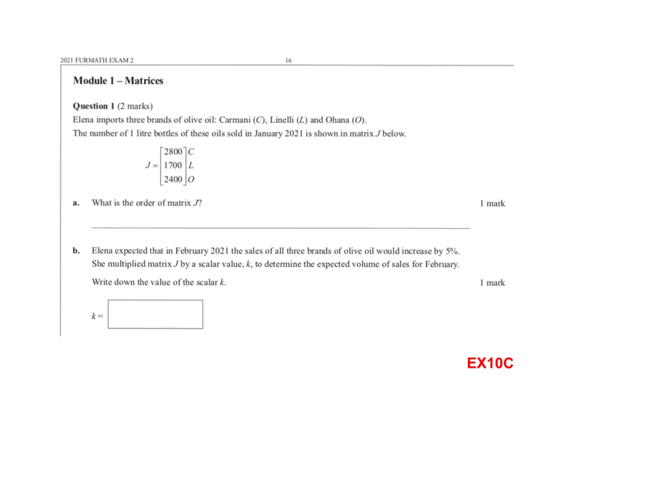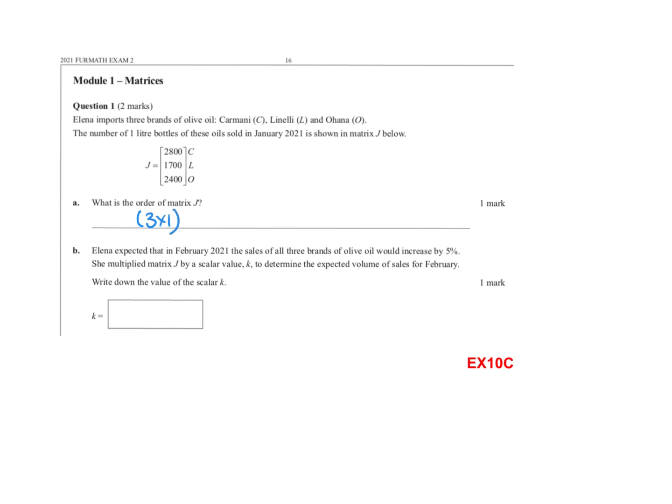Just to show you some exam questions that might bring up a scalar thing. So it says Eleanor imports 3 brands of olive oil. There they are, the C, L, and the O. The number of 1 litre bottles of these oils sold in January 2021 is in the matrix J below. What's the order of this matrix J? Good, a 3 by 1.